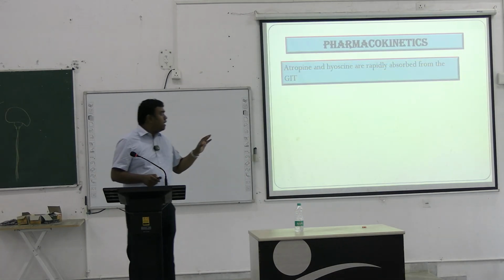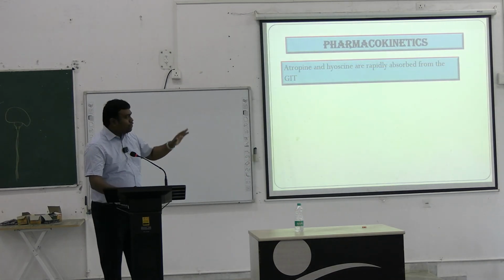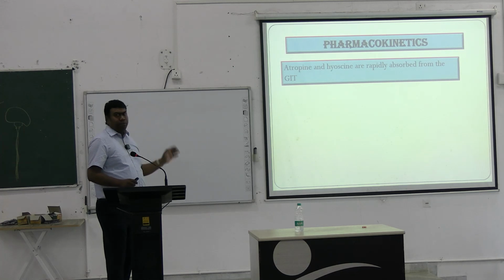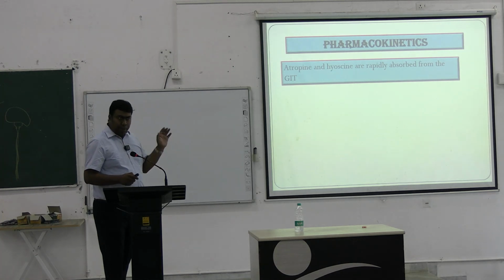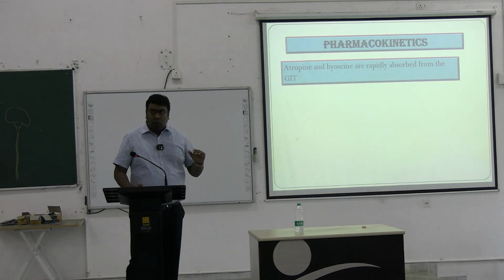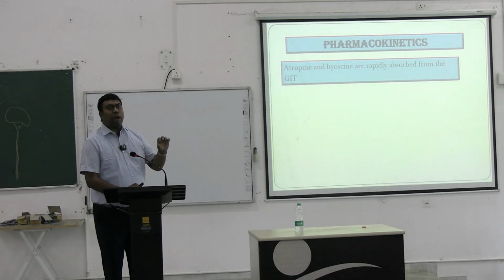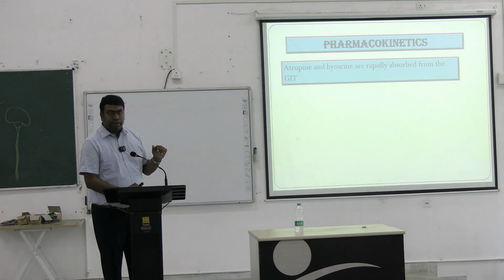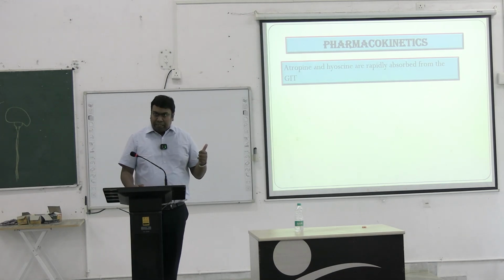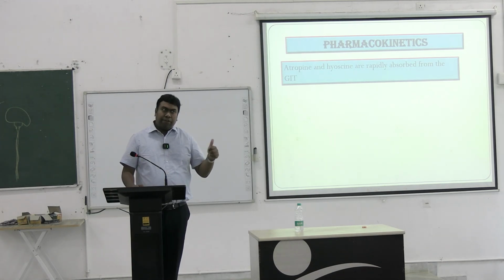Pharmacokinetics for atropine and hyoscine: they are rapidly absorbed from the GIT when given orally. But atropine is also used by different routes of administration. By which routes can atropine be given? Subcutaneous. Where is IV given?